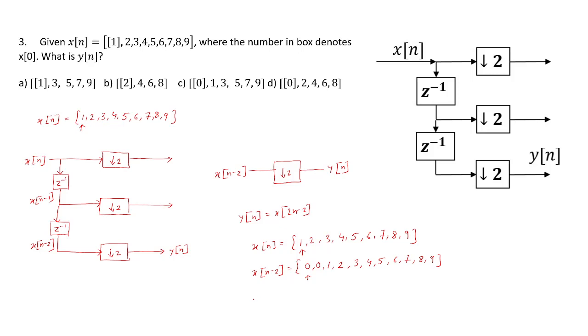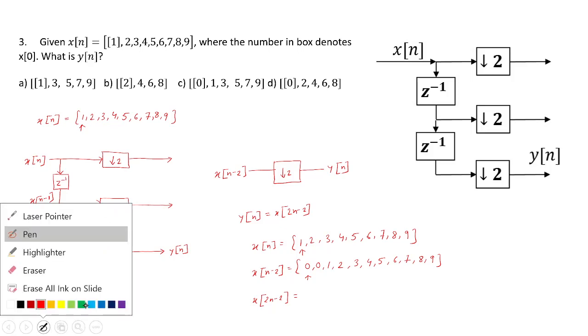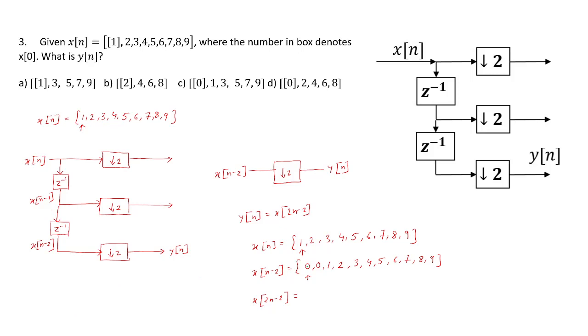So next, if we are interested in downsampling the above sequence by 2, basically we are going to keep even-indexed samples and discard odd-indexed samples. So let us pick the even-indexed samples first.